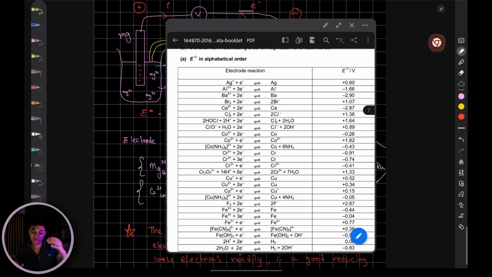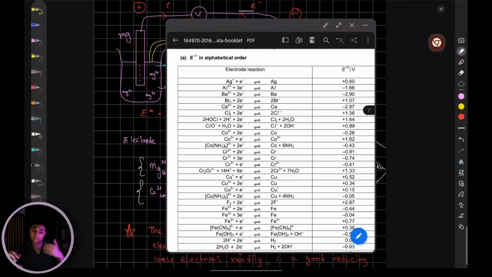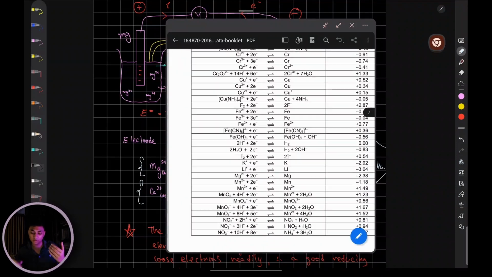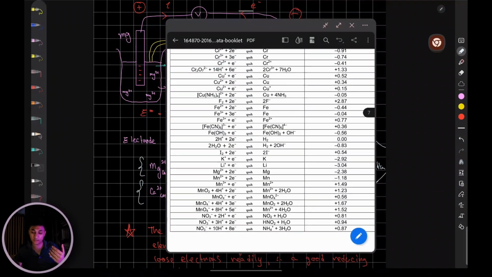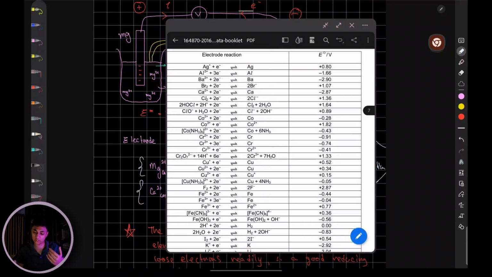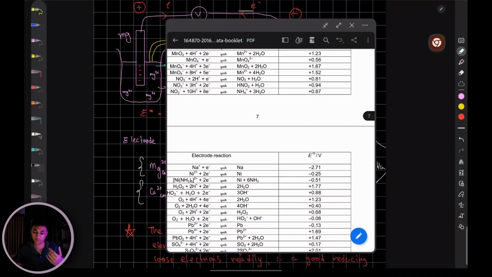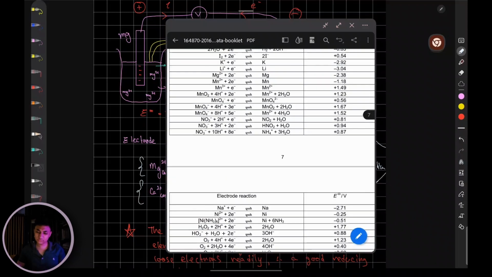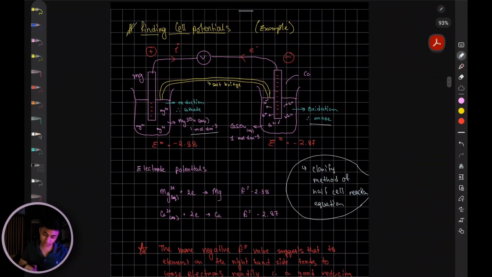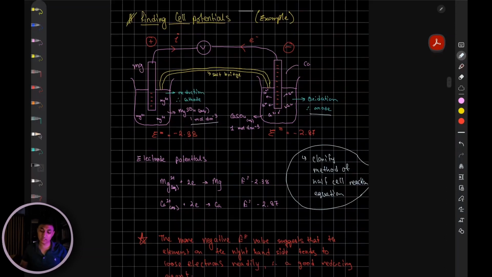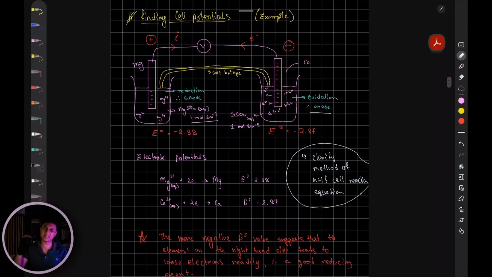And in case of your electrode reaction, that is electrode potential reaction, all of the reactions are actually in terms of reduction. Therefore, all the cell potentials are given in terms of reduction. Now, notice, even in our case, what we are supposed to do is write our electrode potential reactions in terms of reduction only.